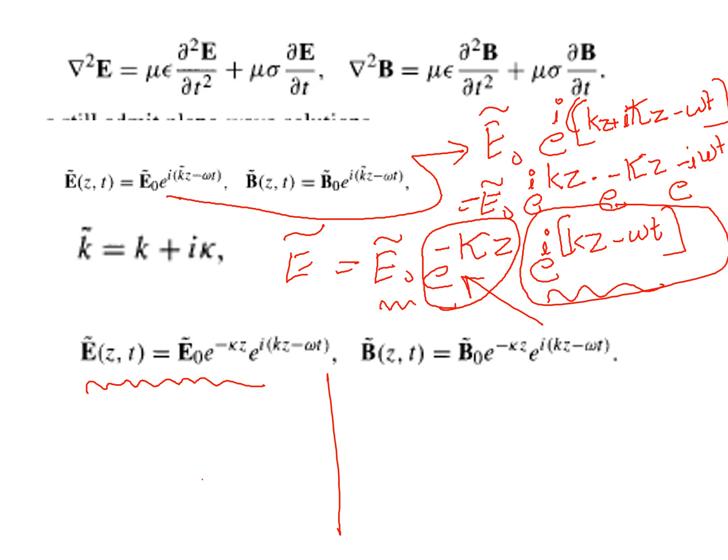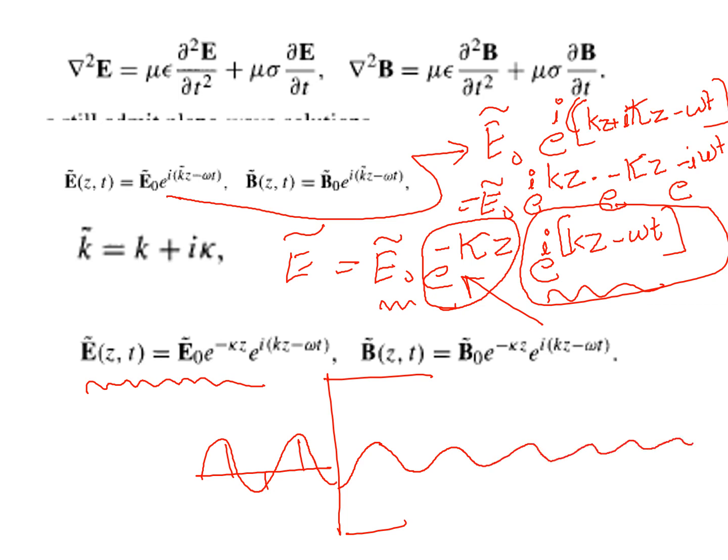So when a wave approaches from free space to a conducting medium, what actually happens? In free space the amplitude remains constant, but when it enters a conducting medium, due to the presence of this e to the power minus kappa z, the amplitude decreases continuously. You can see the decreasing amplitude.